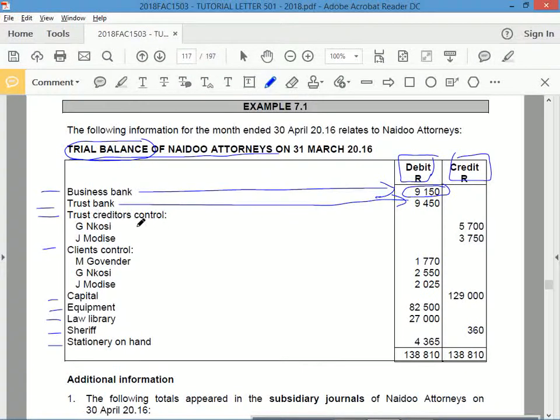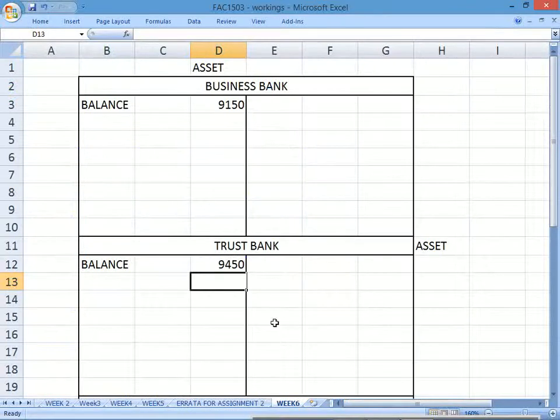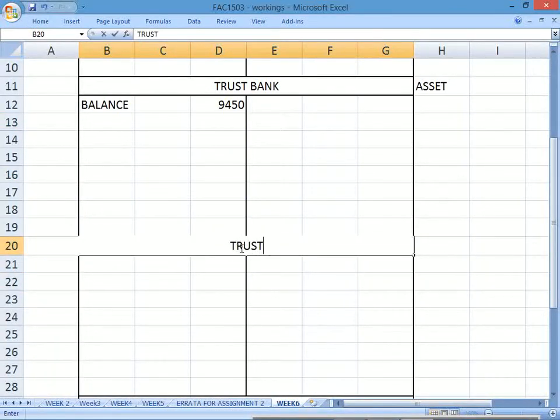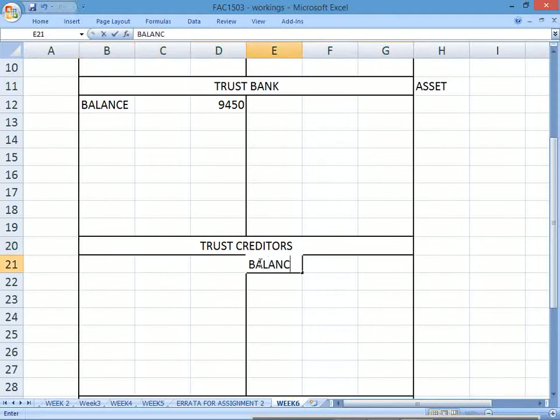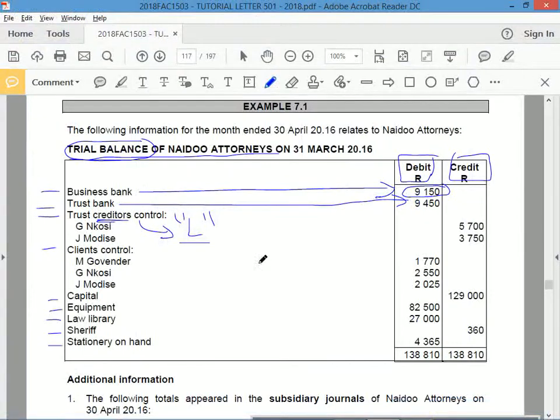Okay, the trust creditors control, just to revise, creditors means liability. That's easy. Credits, so trust creditors, and the balance will go there. Those two amounts added together should give you the same amount. Why? We spoke about this last week.